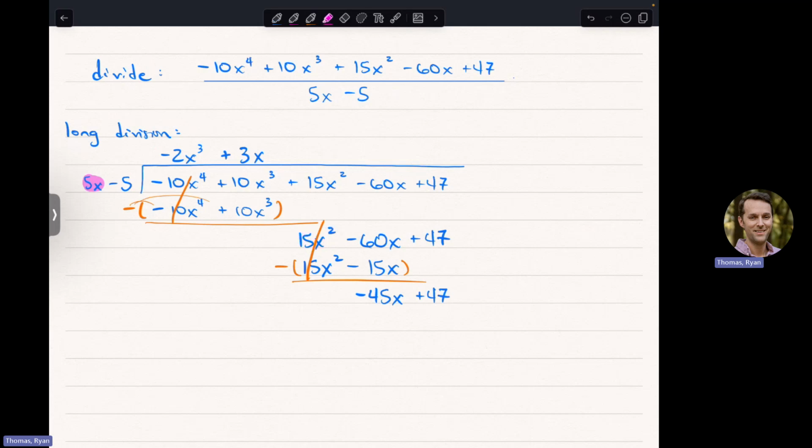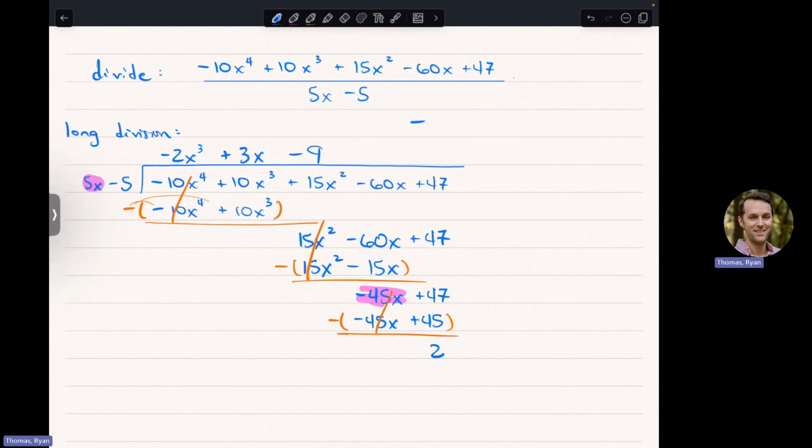And then one more time, 5x goes into negative 45x negative 9 times. And when we multiply, we get minus 45x plus 45. And subtract. 47 minus 45 is 2.